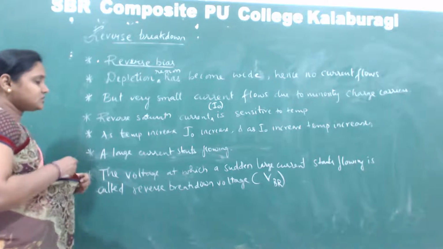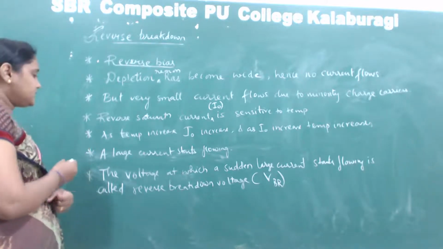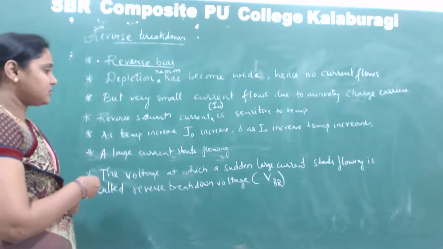The voltage at which suddenly current starts flowing is called the reverse breakdown voltage.